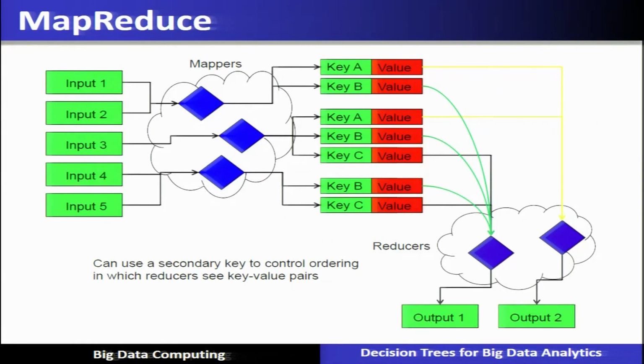We have already seen that in MapReduce the input data set is divided into chunks, and these chunks are given to the mapper functions, and the mapper functions generate key value pairs, which are further given to the reduce functions, and they generate the output.